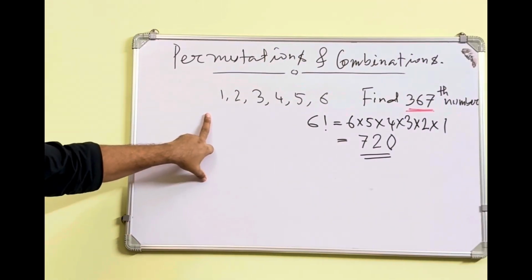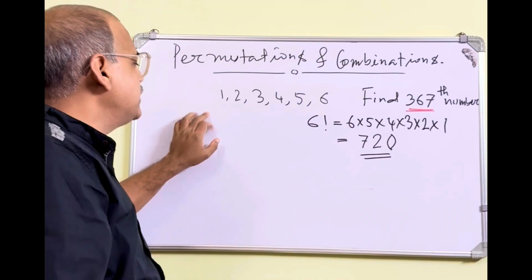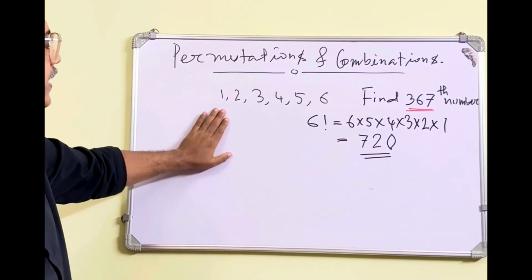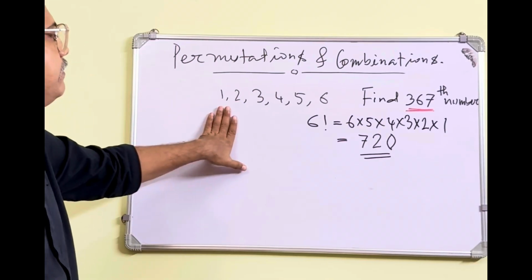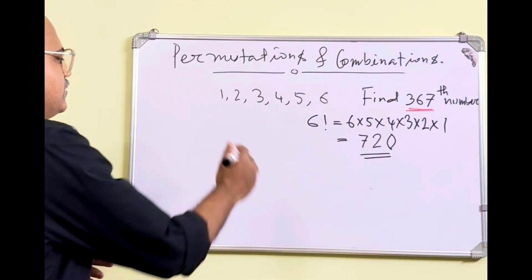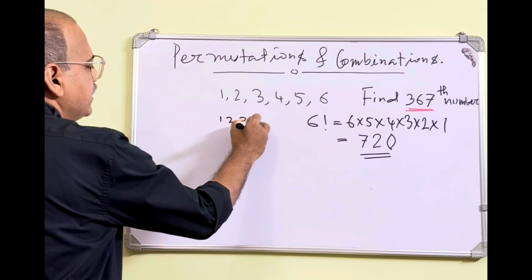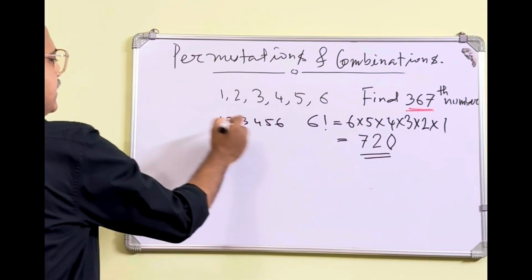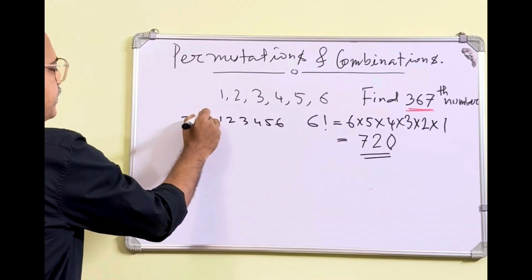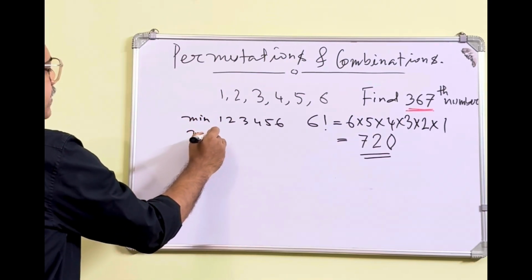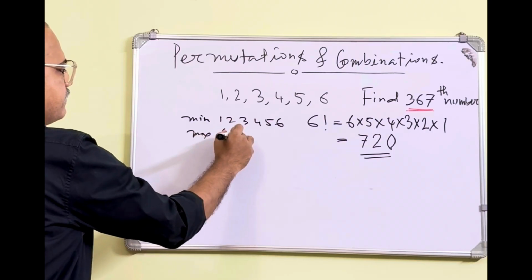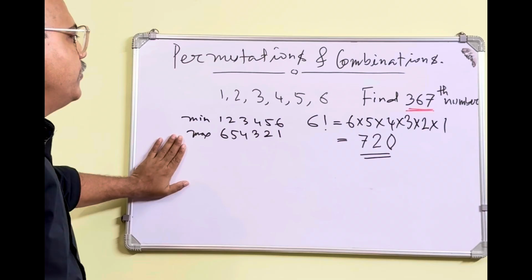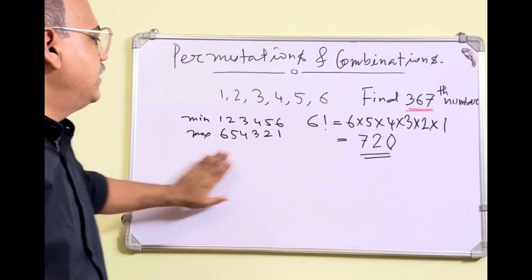Before that, let's find the minimum number. What should be the minimum 6-digit number with this? It's simple: 1, 2, 3, 4, 5, 6. And what should be the maximum number? It should be 6, 5, 4, 3, 2, 1. And we need to find the 367th.